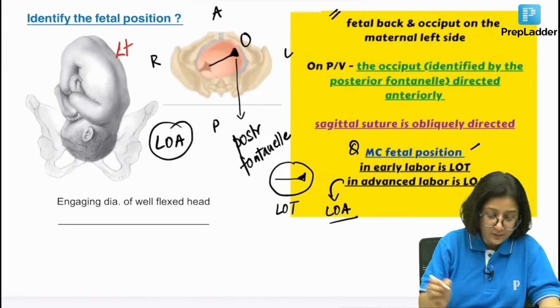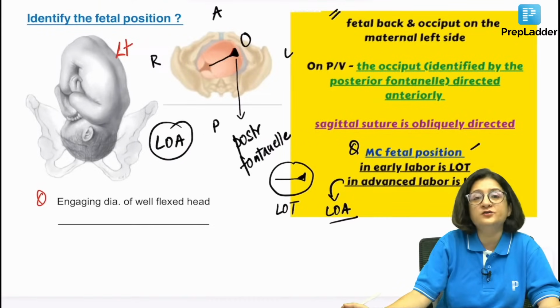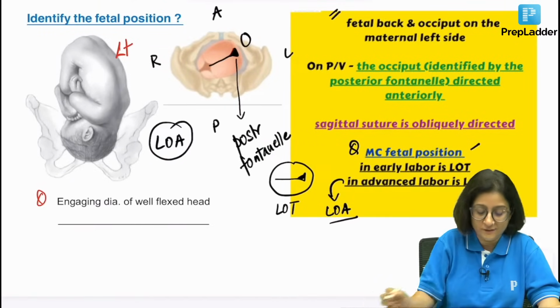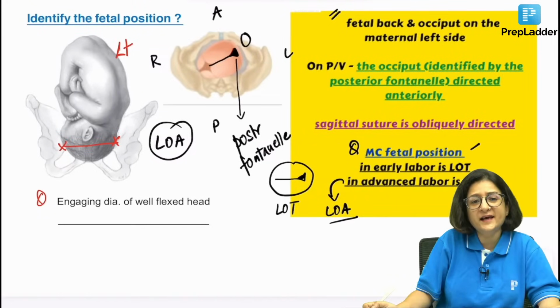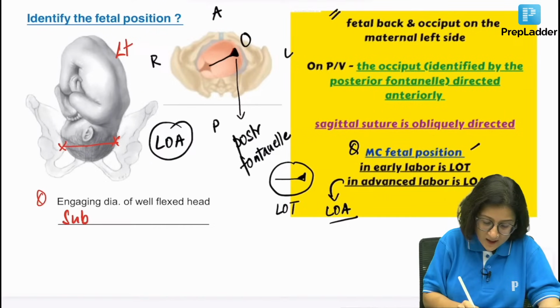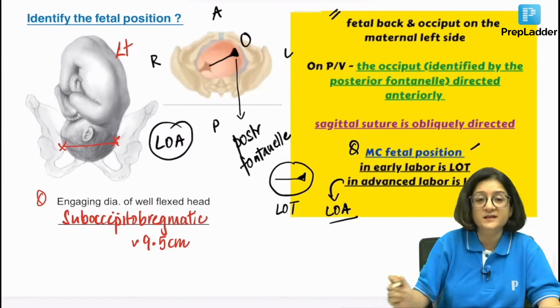Now, another important pointer in this image: the question is the engaging diameter of a well-flexed head. So this is a well-flexed head. Can you tell me what is the engaging diameter? Yes, this is the engaging diameter, the suboccipitobregmatic diameter, which is 9.5 centimeters.